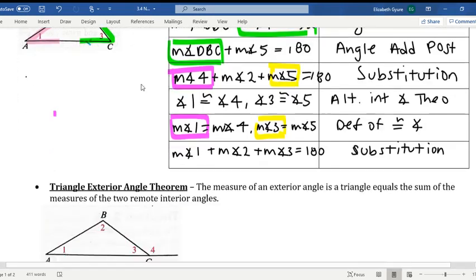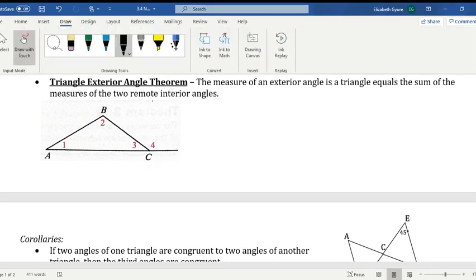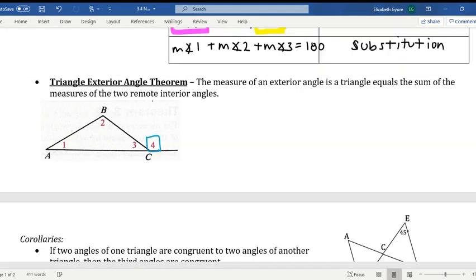All right, so last theorem is the alternate exterior angle theorem. We're not going to prove this one. This one says that the measure of an exterior angle of a triangle equals the sum of the measures of the two remote interior angles. If you take a look here, an auxiliary line was drawn to extend this triangle out to make angle 4.